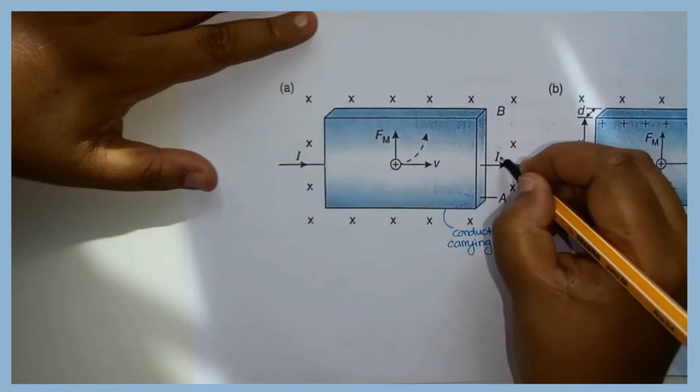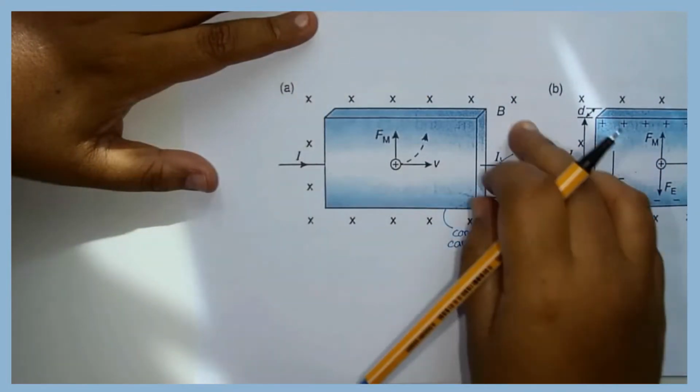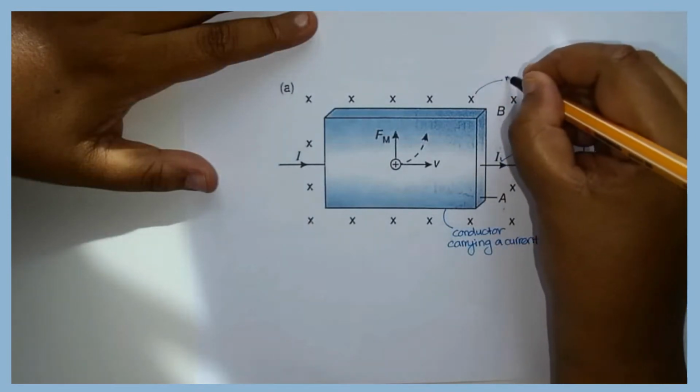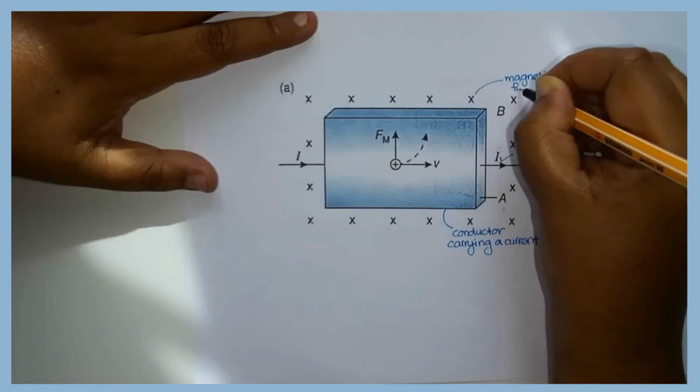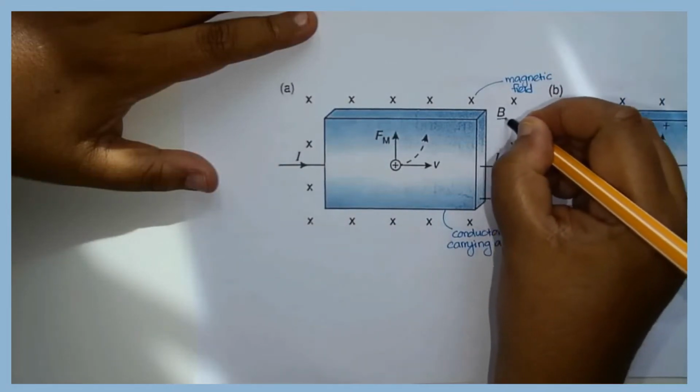The current is I, inside a magnetic field, and the value of the magnetic field is B.